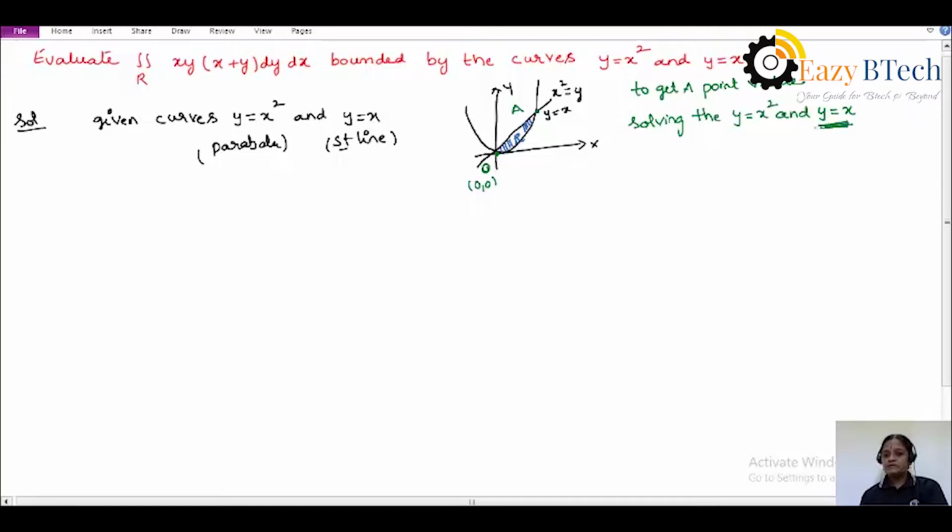Substitute y = x in the parabola equation: x = x². Doing the cancellation, we get x = 1. Substituting x = 1 in y = x, we get y = 1. Hence the intersecting point is (1, 1).